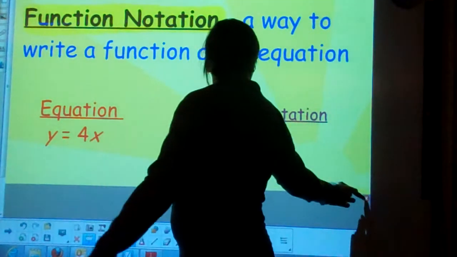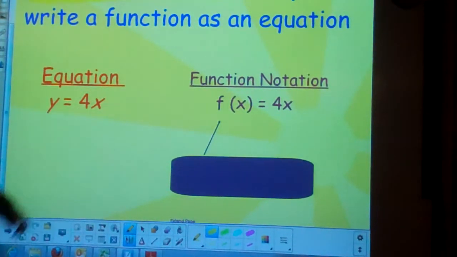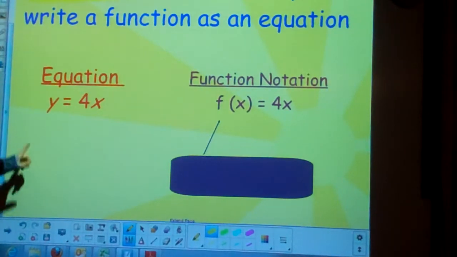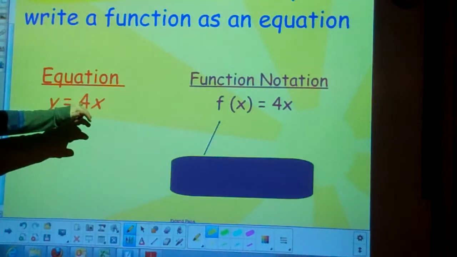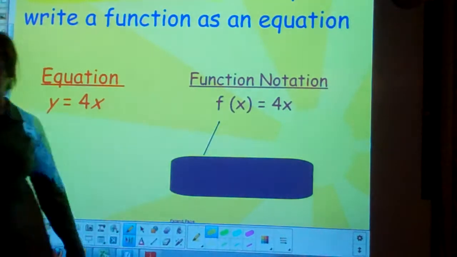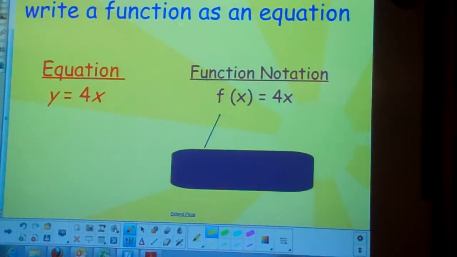So we may have an equation, y equals 4 times x. In function notation, we would write this same equation as f of x equals 4x. And I just want you guys to chill a second and let's work through this.